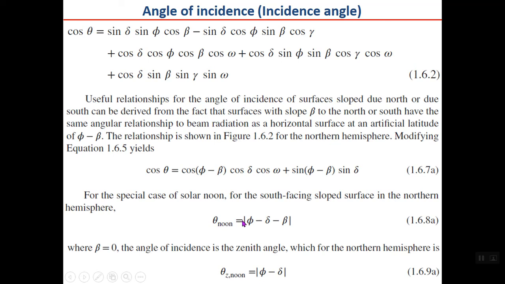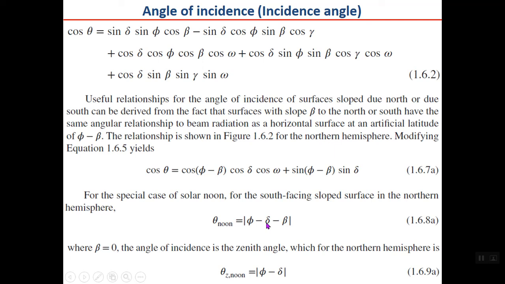So if, for example, you want to calculate the theta or incidence angle just today, for example, in Baghdad, for a surface which is put at the slope of beta with respect to the horizontal, you can simply calculate this.